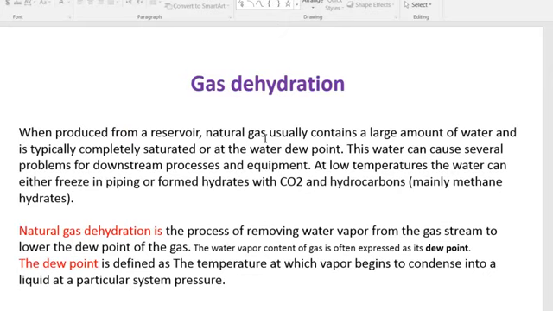As you know, we produce oil and gas from the reservoir, depending on the classification of this reservoir. If it is gas only, or gas cap water, gas cap oil water, or gas dissolved in oil, as we mentioned in the previous lecture.